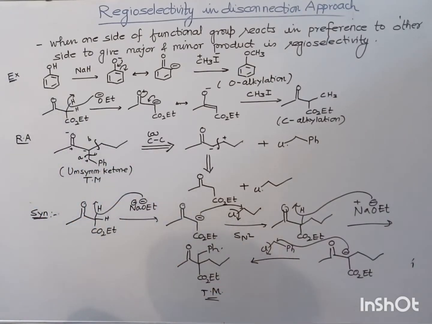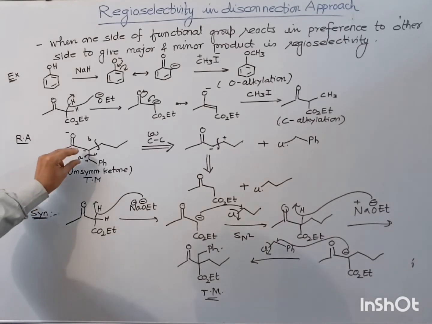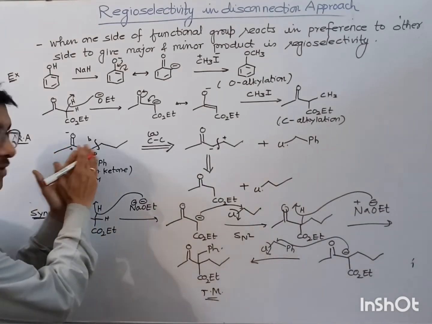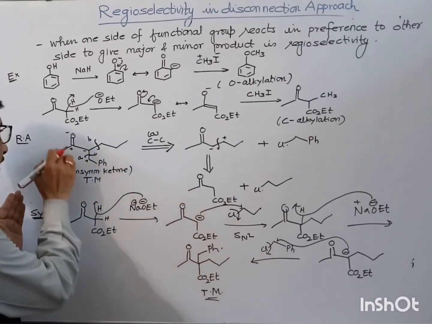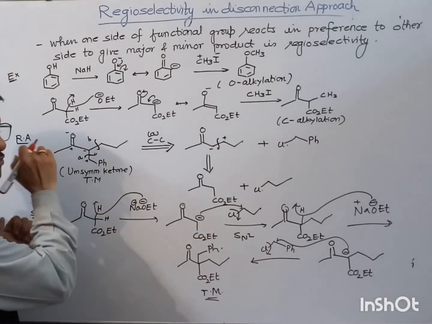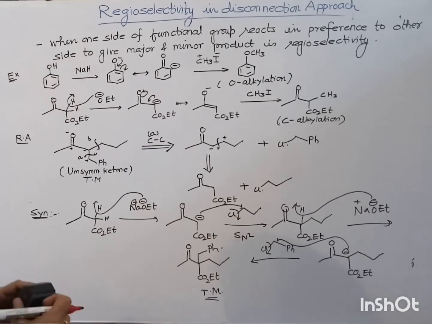Okay, so here you can see the regioselectivity: all this reaction is taking place at one side of the functional group. So this side remains unreacted. So this is one of the examples of regioselectivity.